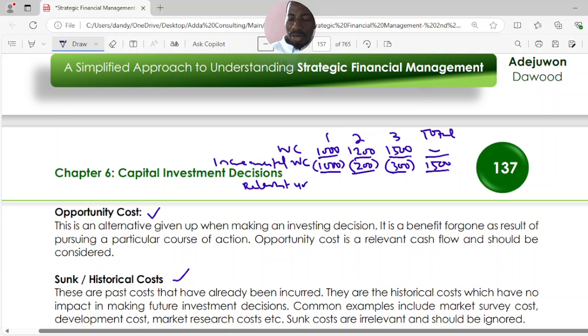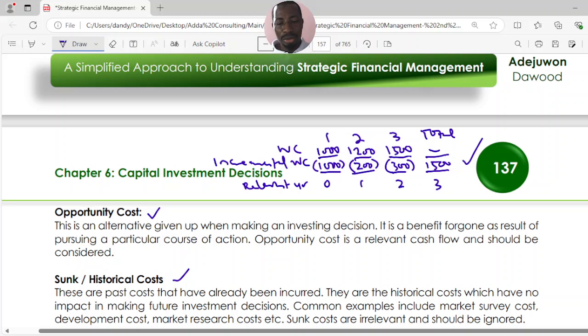So the working capital of 1,000 naira in year 1 should be treated as cash outflow in year 0. The working capital of 200 in year 2 should be treated as cash outflow in year 1. The working capital of 300 in year 3 should be treated as cash outflow in year 2. Then at the end of the useful life, I recover the entire working capital of 1,500. So these are the numbers I'm going to post in the determination of the financial viability of the project.